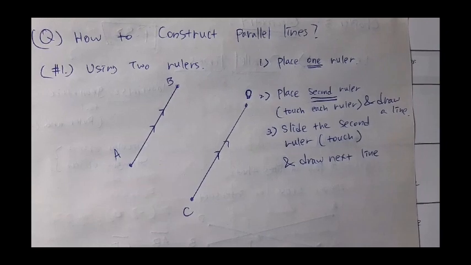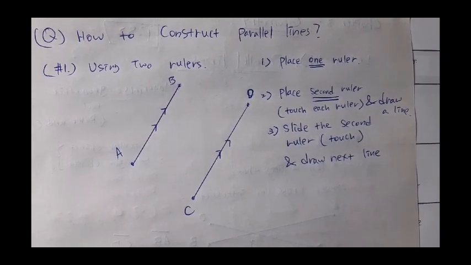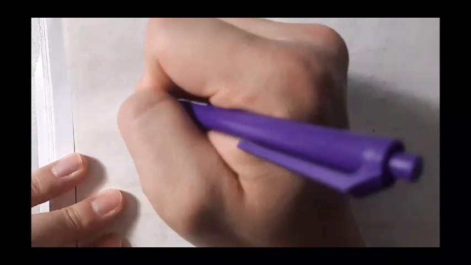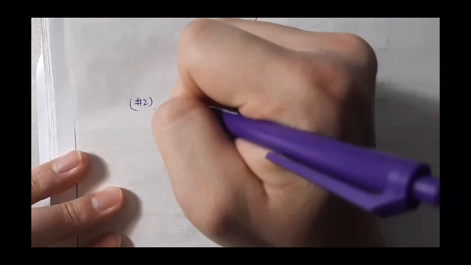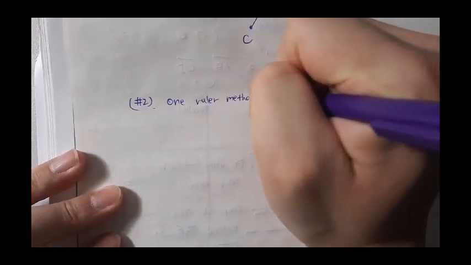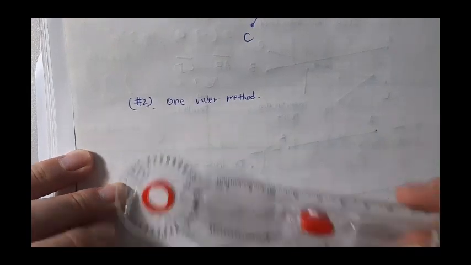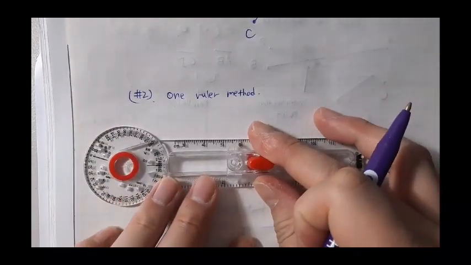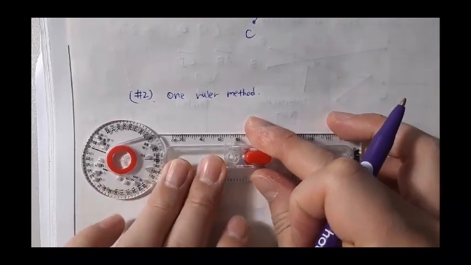And honestly, when it comes to vertical and horizontal, some people say vertical and horizontal is way easier because you can even use one ruler. And that's my method number 2, one ruler method. But there is some limitation of that because it works like a charm on horizontal and vertical most of the time.